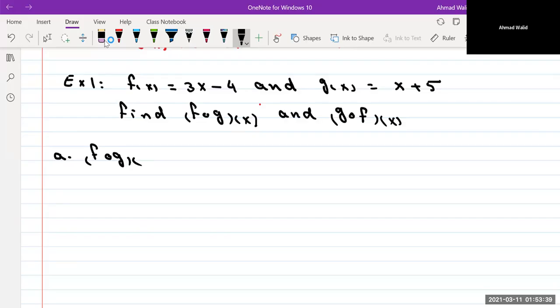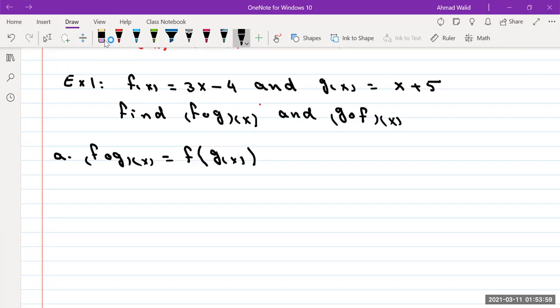I will find first f of g of x. f of g of x means f parentheses g of x. If I read it, it means whatever my g of x is, I have to plug it in f. How? Let me show you here.